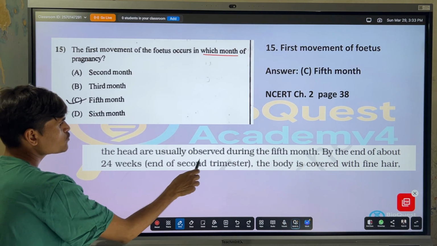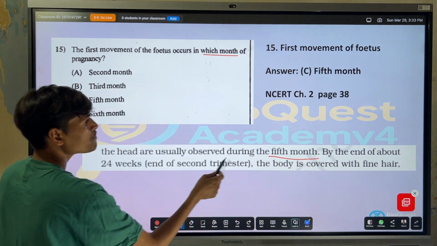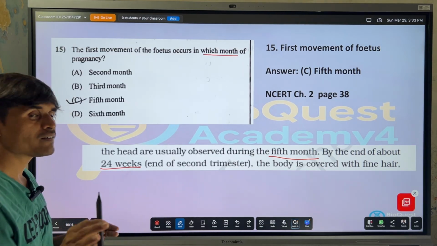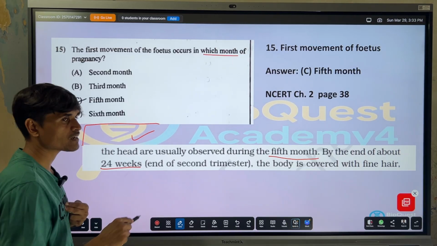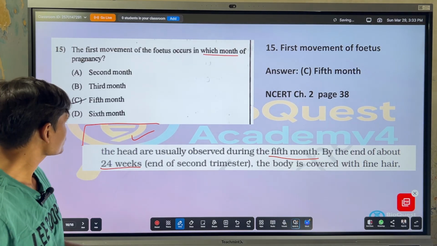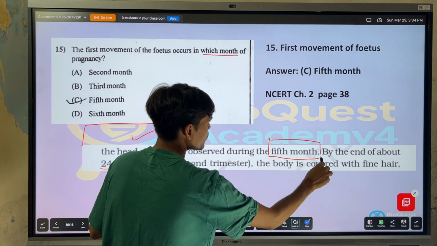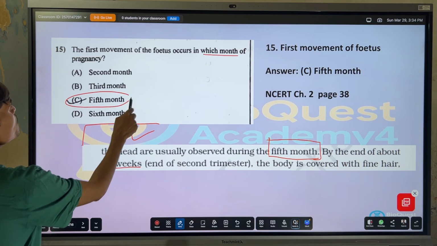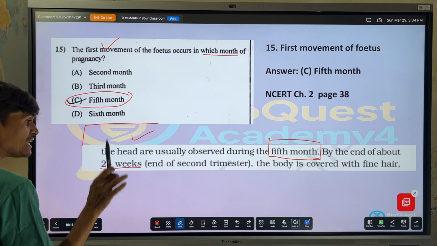The movements are usually observed during the 5th month, by the end of about 24 weeks. There is a little mistake by me, that the line is above here in this cutting. By mistake I just cropped it. But the answer is 5th month. During the 5th month, you can see the first movement of the fetus. That's it.